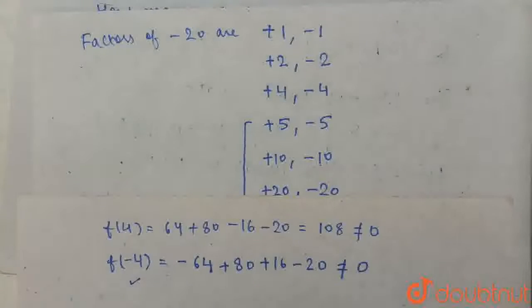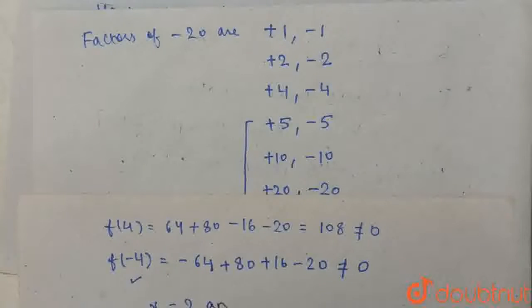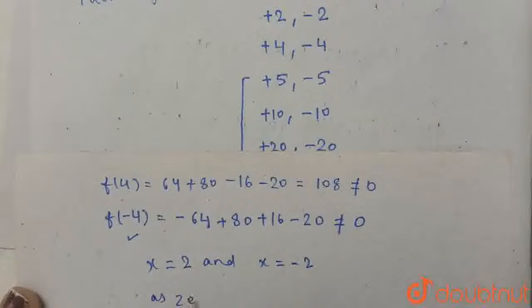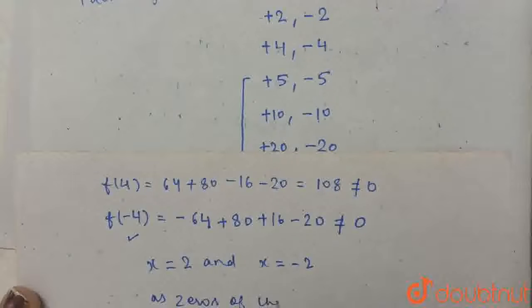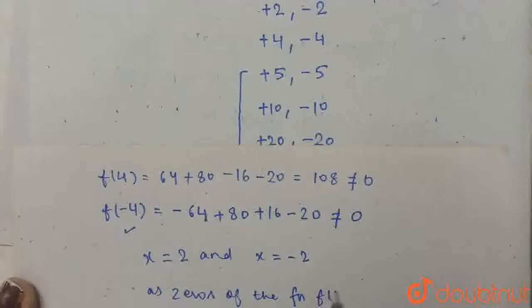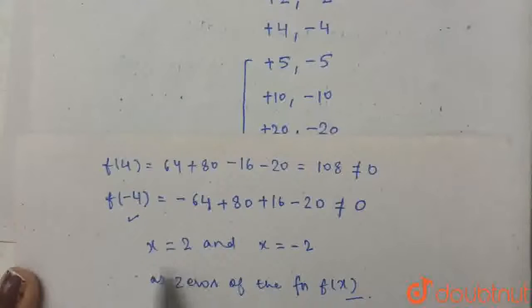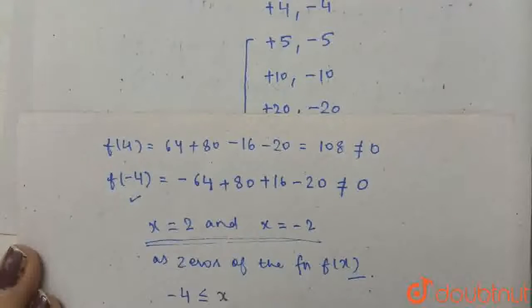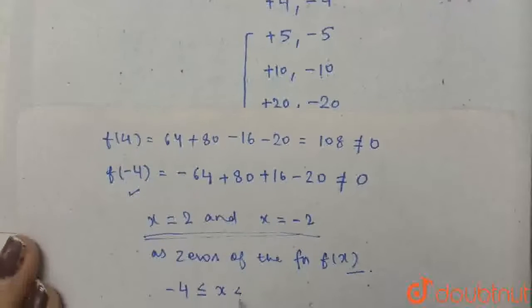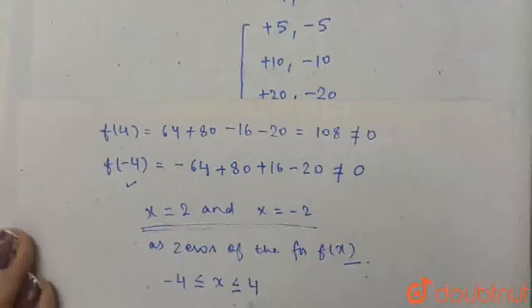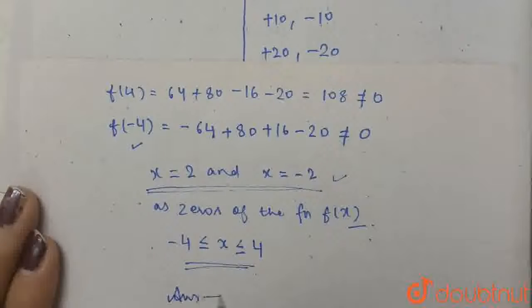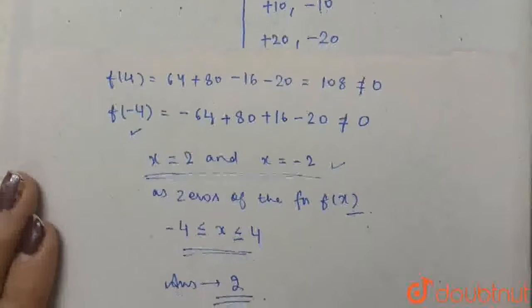So now we get x is equal to 2 and x is equal to minus 2 as the zeros of the function f of x. So we only get 2 zeros in the interval minus 4 less than or equal to x less than or equal to 4. So in this interval we get only 2 zeros of the given function f of x. So 2 is our answer. 2 zeros.